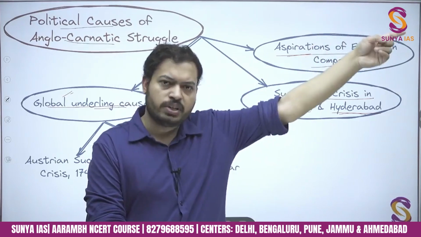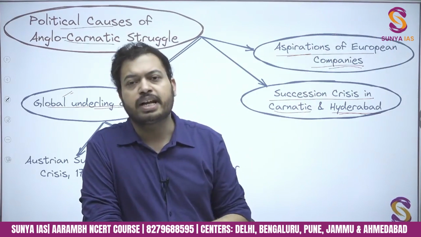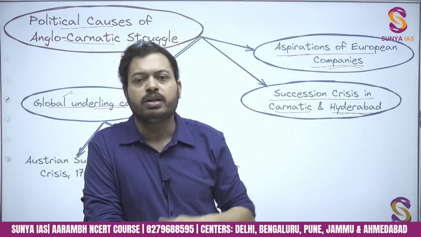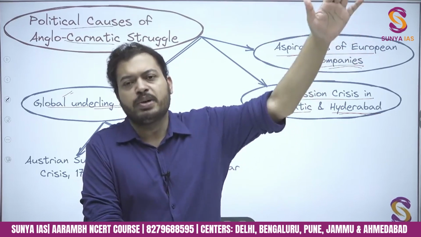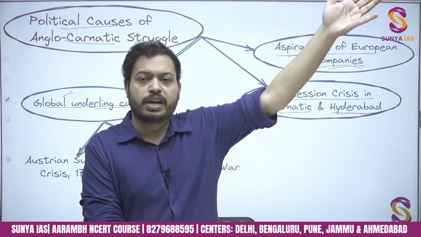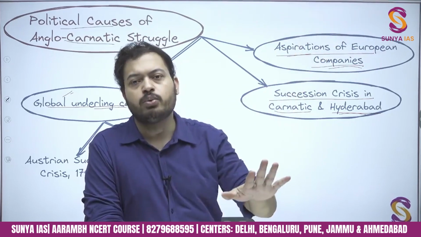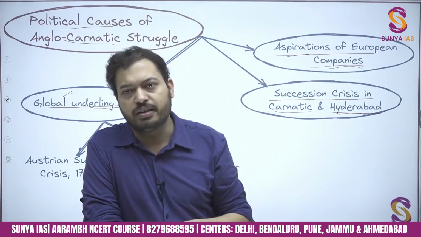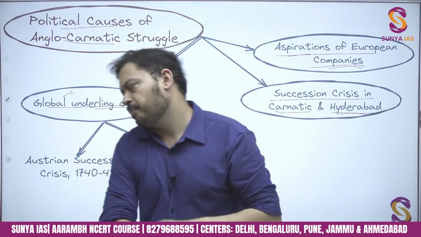I have taught you in detail that it was the succession crisis of the Austro-Hungarian Empire, influenced by which Duplex, trying to impress his masters, went on to start the whole plan to take over the factory in Madras.